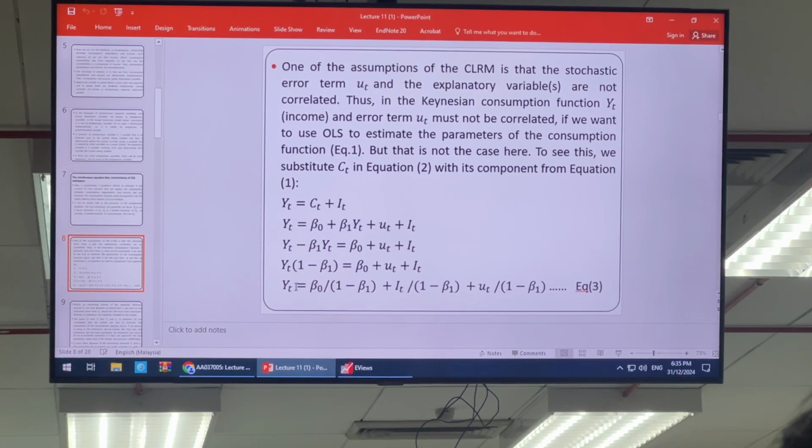So we can regress C against I using OLS, because there is no feedback between C and I.